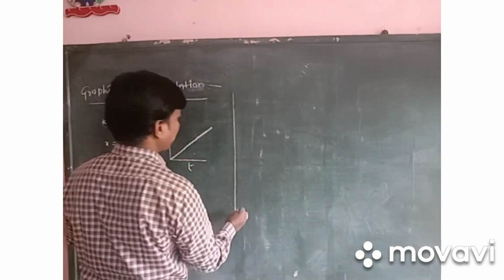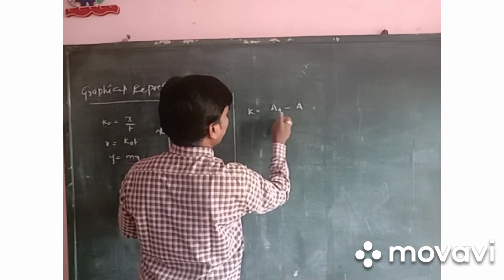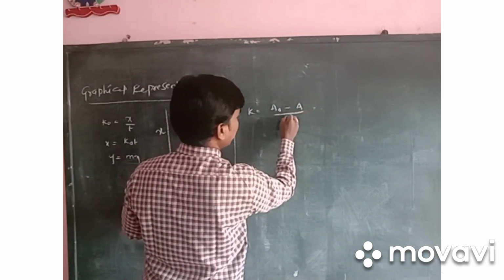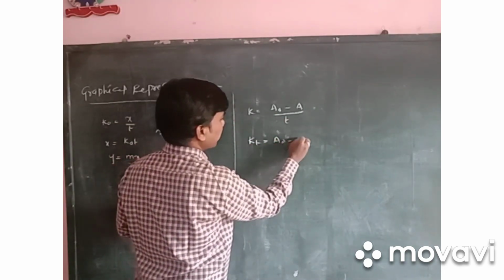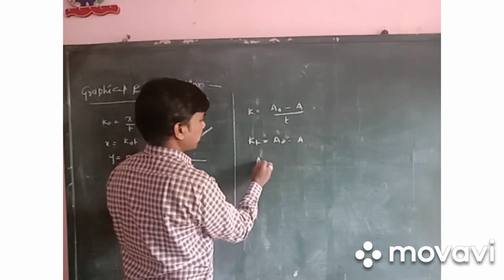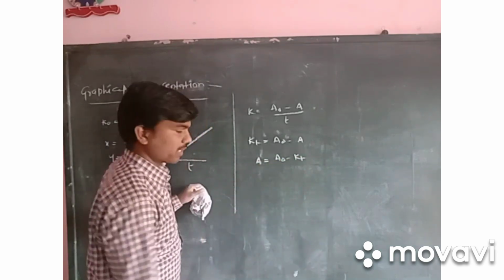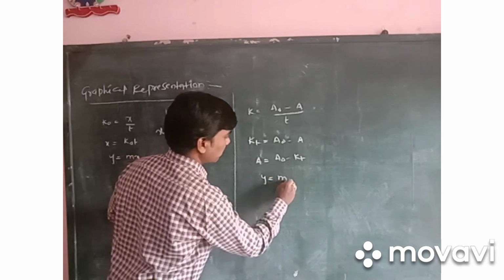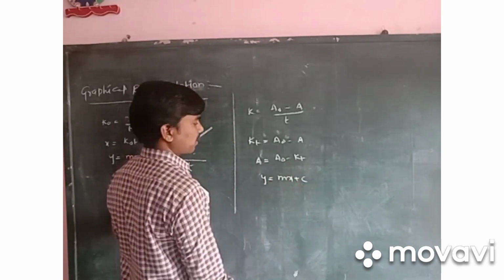So when I am taking one more equation, k is equal to what? A naught minus a, initial concentration minus final concentration, by t. So kt is equal to what? A naught minus a. So that a is equal to what? A naught minus kt. This is in the form of y is equal to mx plus c.